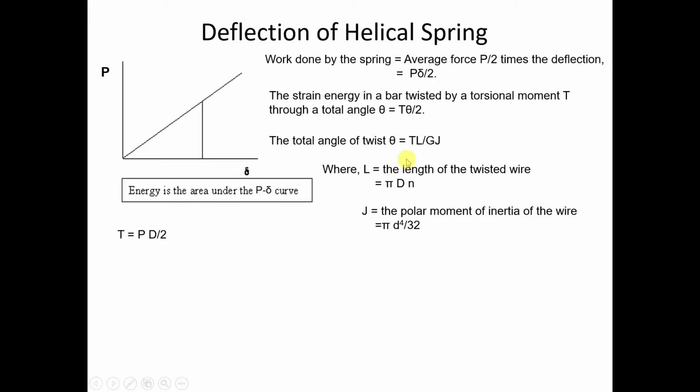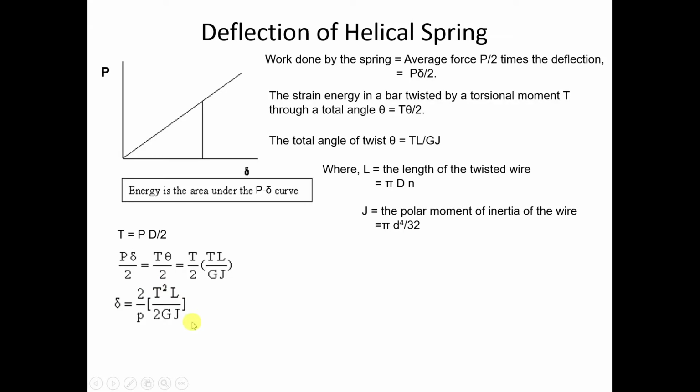Now as the work done is equal to the total energy stored, you can equate P del by 2 to T theta by 2, and if you put in the value of theta, that is TL by JG, you will come up with the equation del equals this.